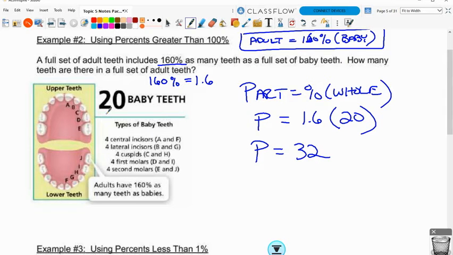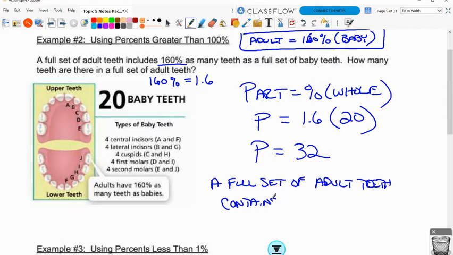So we will say a full set of adult teeth contains 32 teeth. Again, if your percentage is bigger than 100%, your number is going to get bigger than the whole value that you start with.